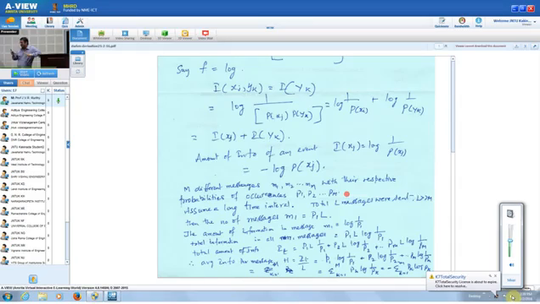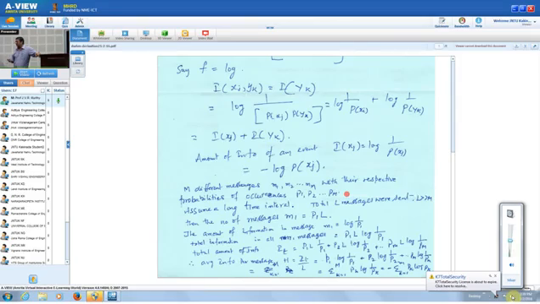So that L is a substantially bigger figure than your M. In such a case, what happens? You want to calculate the information passed on through this set of messages.